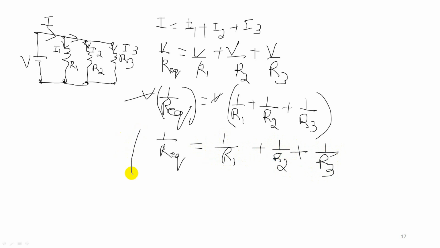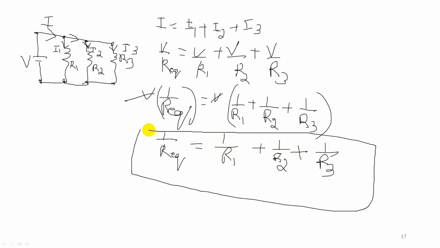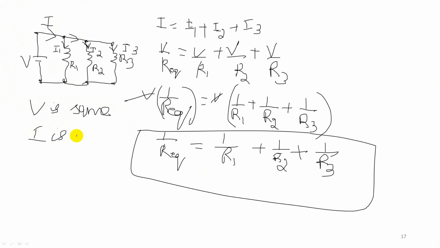So this is the analysis of resistances when connected in parallel. The main important thing you should note here: in parallel, V is the same, but current I is different in each resistor.